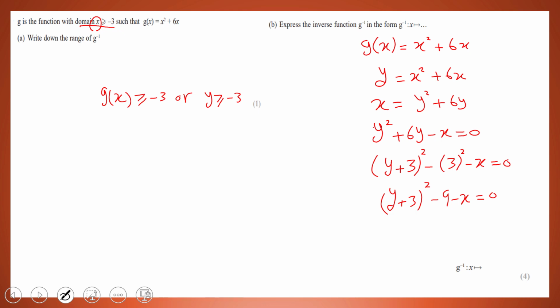If you shift the x and 9 to the other side, it will be y plus 3 all squared equals x plus 9.